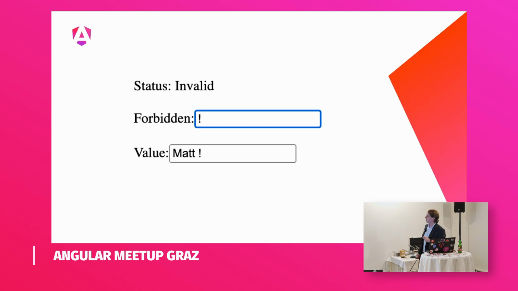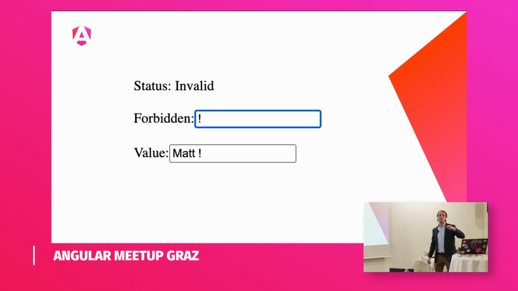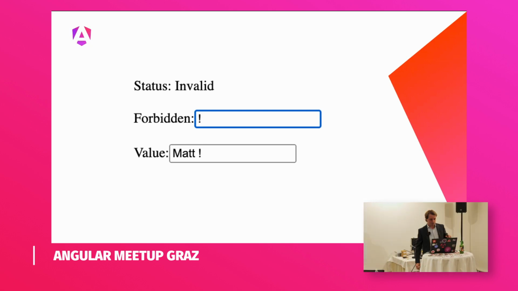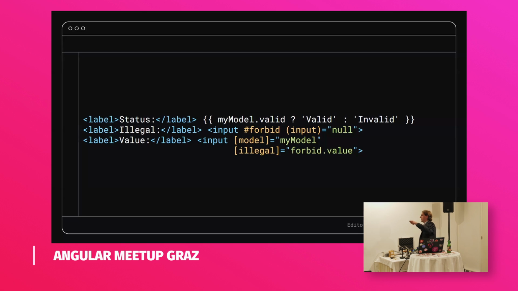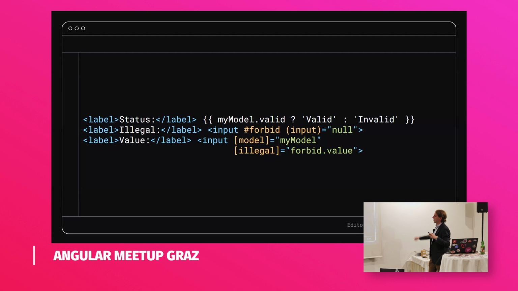So when you modify here, it will have an impact on the value and on the status. That means if you modify here afterwards something that alters the status, you will get the NG0100 error. So that's how the basic example looks in the template.